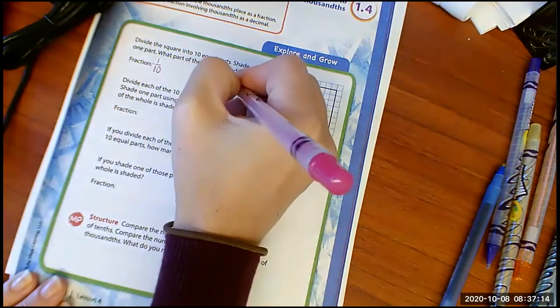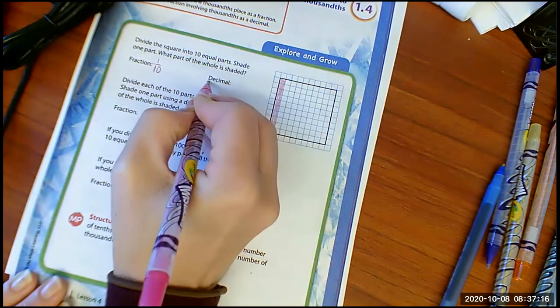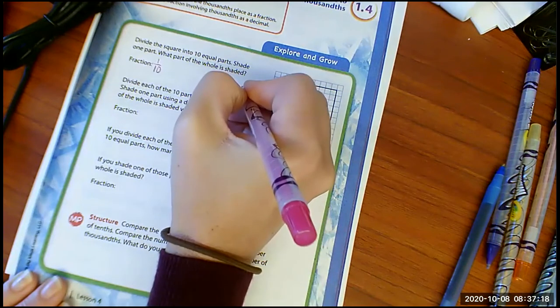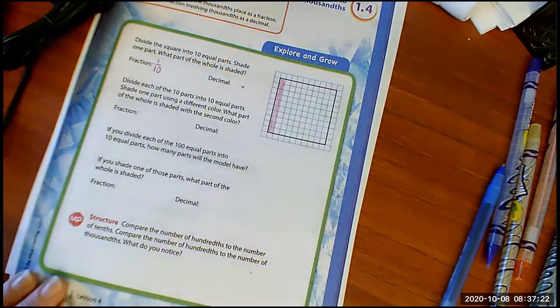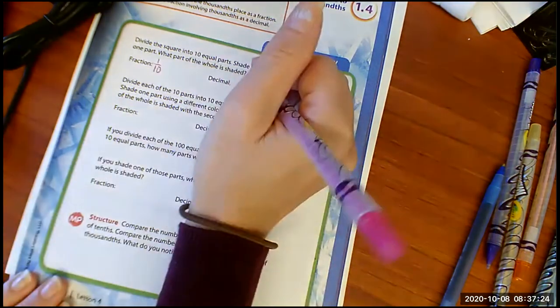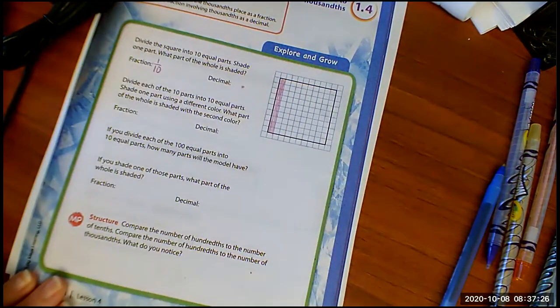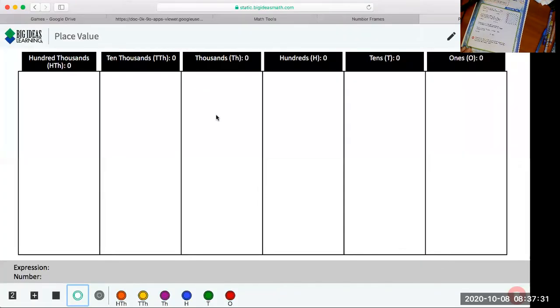Now, if you remember, when we're writing the decimal, we have our decimal point, and then the column right after the decimal point is the tenths. Let me show you on the screen. Wrong one.